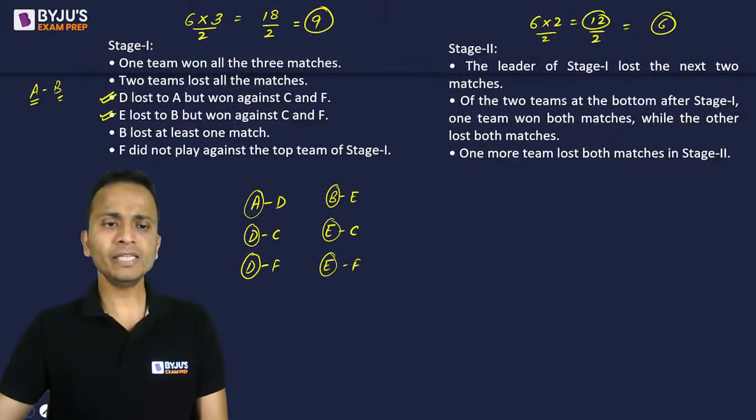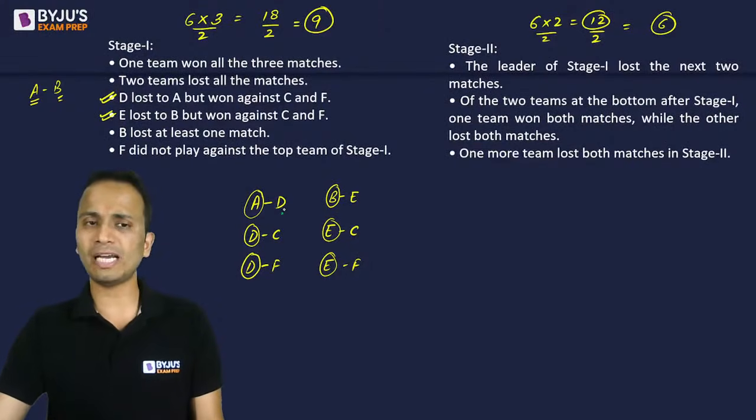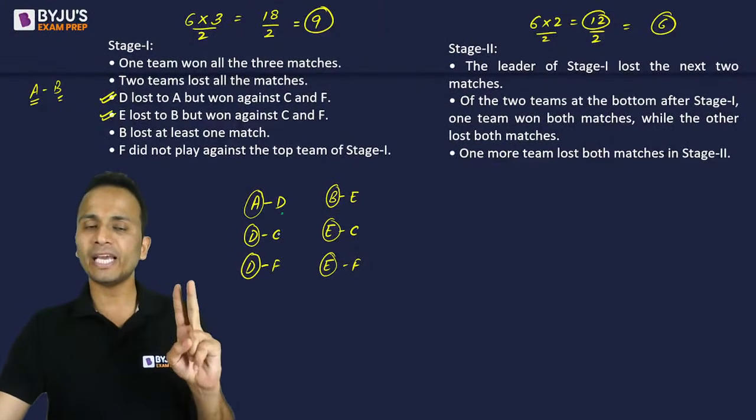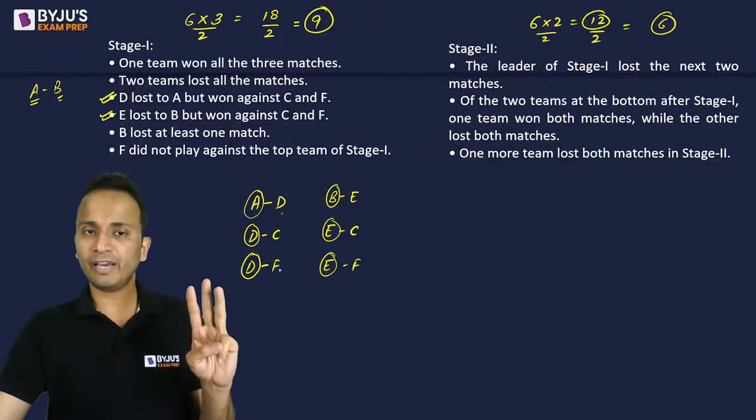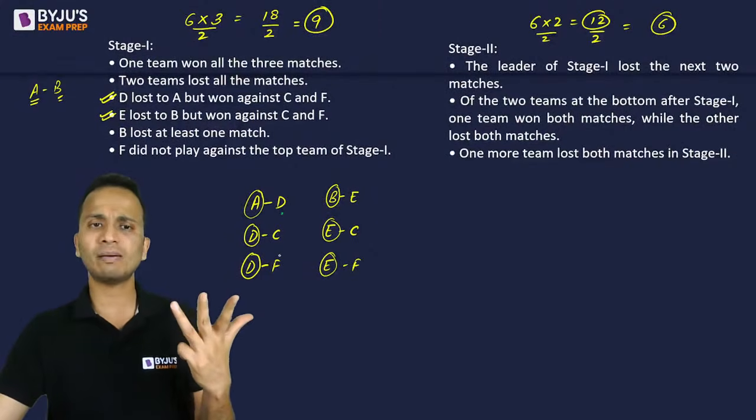So in this round, D has already lost a match. So it cannot be D, it cannot be C, it cannot be F, and it cannot be E. So C, D, E, F, they have already lost some matches.